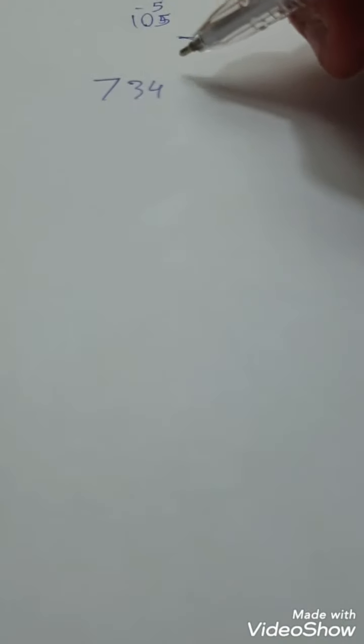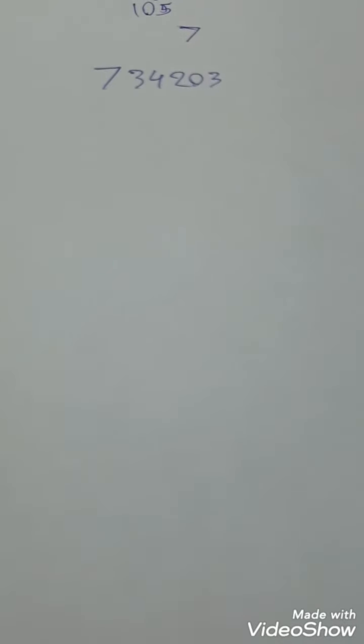For example, if I want to know the divisibility by 7 and I want to use 105, this means we will multiply by 5 then make minus. For example, we will take this number 734203.